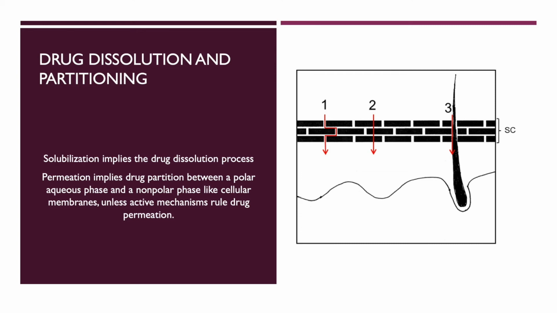Solubilization implies the drug dissolution process, and permeation implies drug partitioning between a polar aqueous phase and a non-polar phase like cellular membranes, unless active mechanisms rule drug permeation.